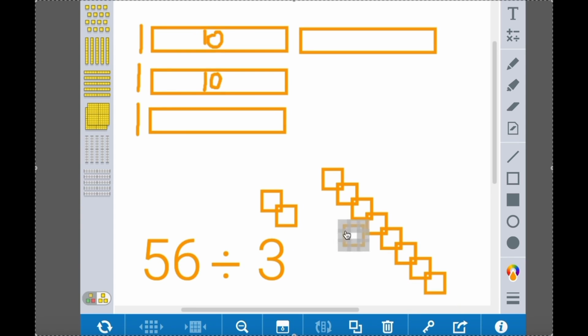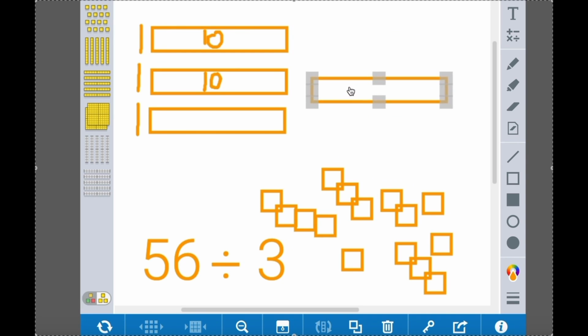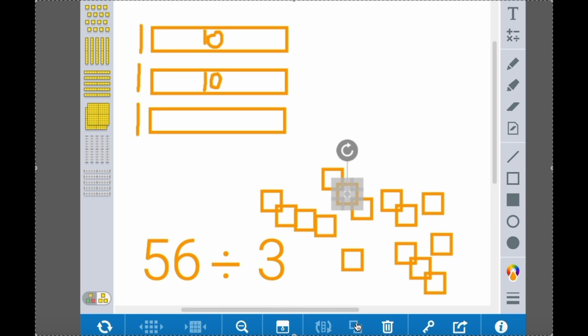I don't like how on this program they overlap, but you'll have to move them just to show all the pieces you have. But it's still not even, so I'm going to also have to exchange this for 10 ones. 1, 2, 3, 4, 5, 6, 7, 8, 9, 10.